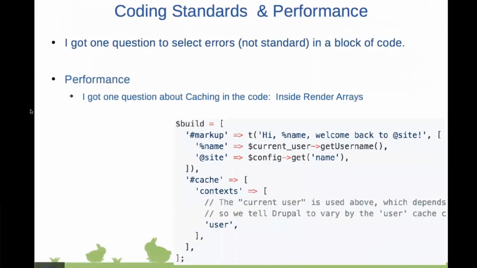It gave a block of code like this one and asked a question about this part, the cache. I'm not sure I answered correctly or not. Until now, I don't understand the details about this one. So that's a similar question about the cache in the code, in a render array.